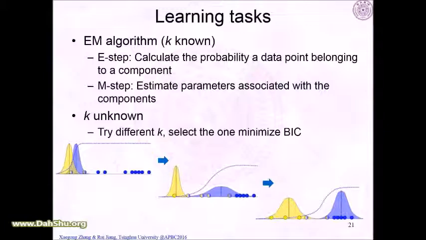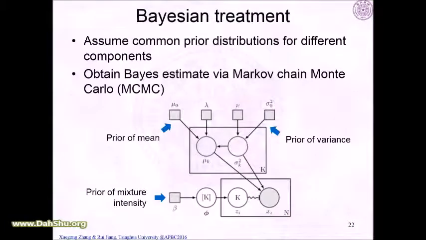After some iterations, gradually we get this density and this density, separated from each other, and after more iterations, we get a perfect separation of the two clusters, with these two models. There is also a Bayesian treatment for this, the so-called MCMC, but I think most of you are from a statistics background, so I assume you know better than me on this.